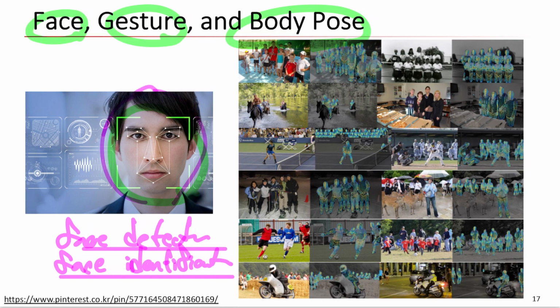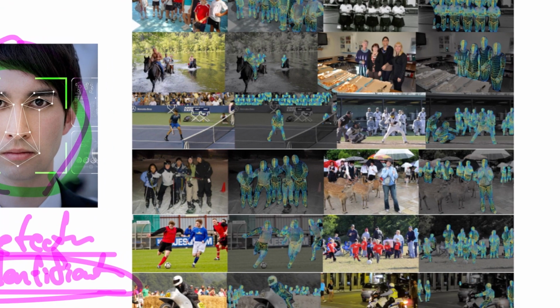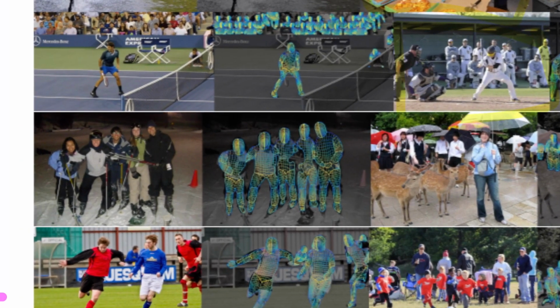So we can use this technique for face identification. Or as you can see here, if we have an image like this, then we can find out the human's body pose, something like this, right?